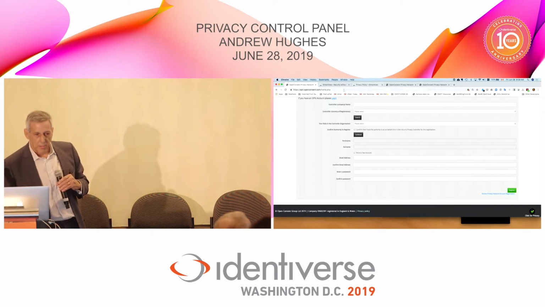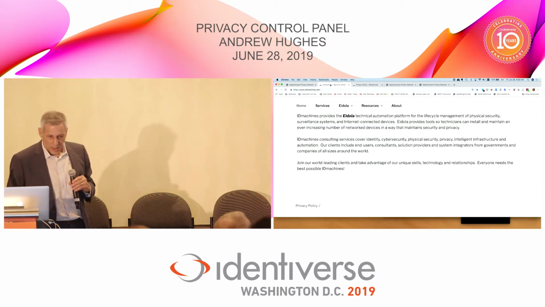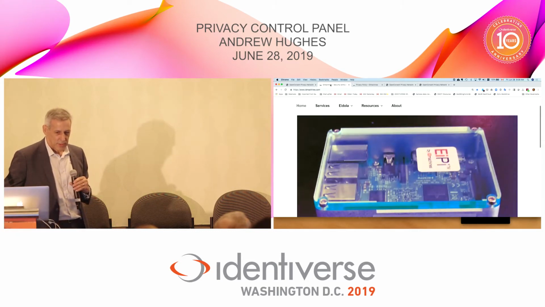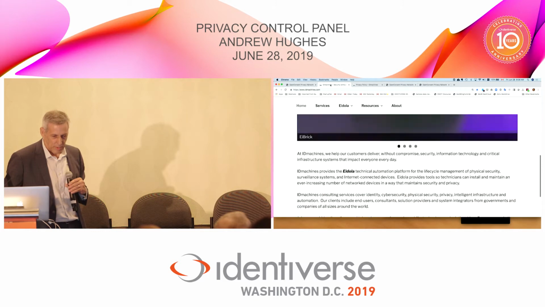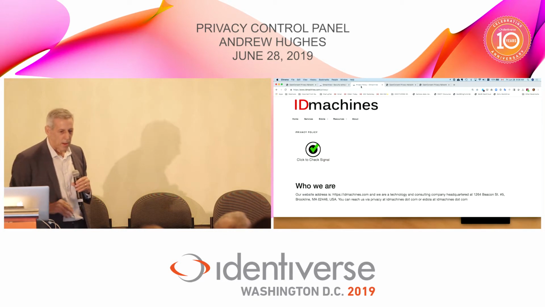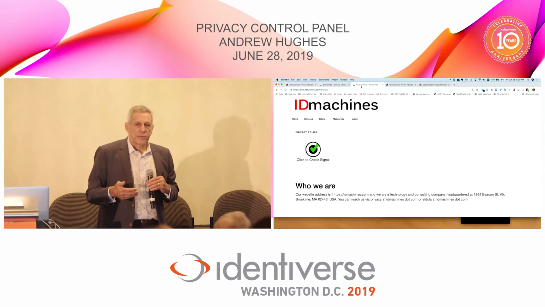So as a company, my other company besides Open Consent, something called ID Machines. If you go to idmachines.com, you'll see all this fun cybersecurity automation stuff that we do, and automate privacy and all these fun things. But then if you were to click on our privacy policy, it's a little different than your normal privacy policy, right?